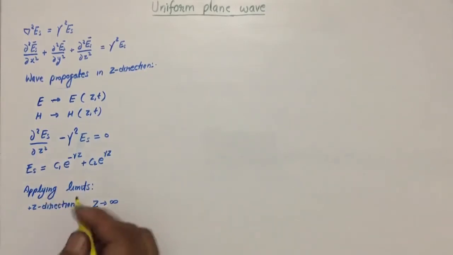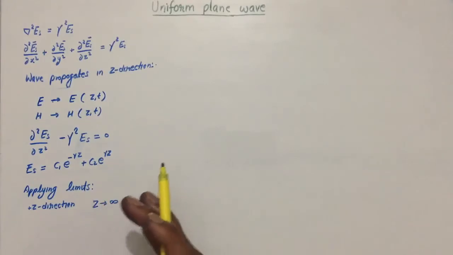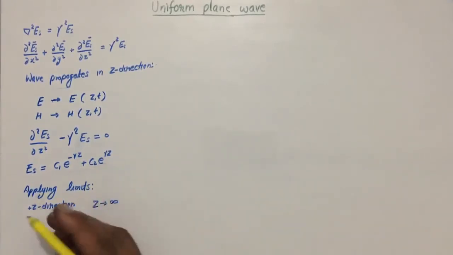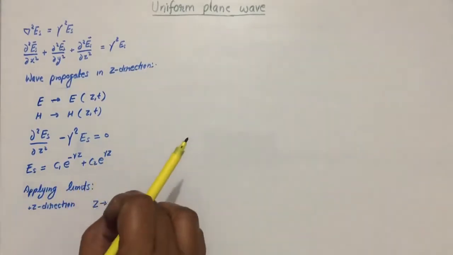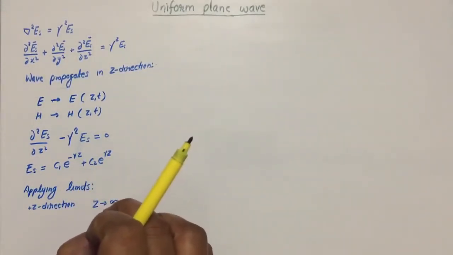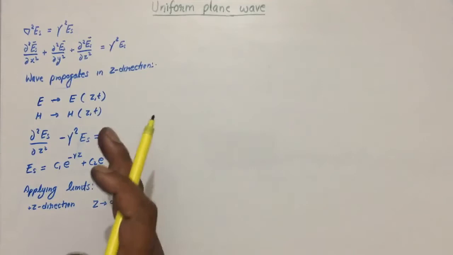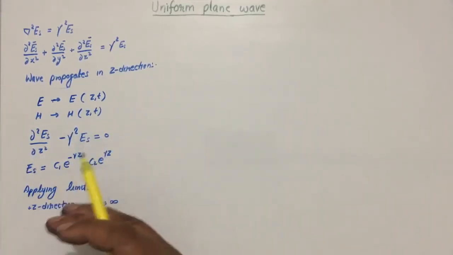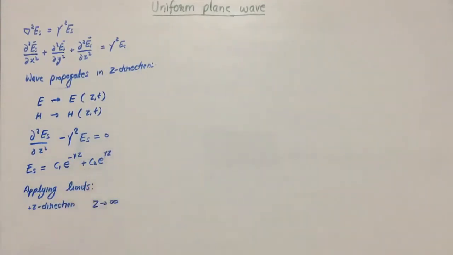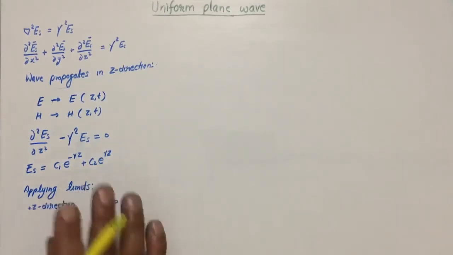If the wave is propagating in the plus z direction, then we can assume z tends to infinite, and in that case the strength of the wave will be 0. It is like putting one stone in a pond: the wave propagates, and assuming it propagates up to infinite length, it will die out by itself.